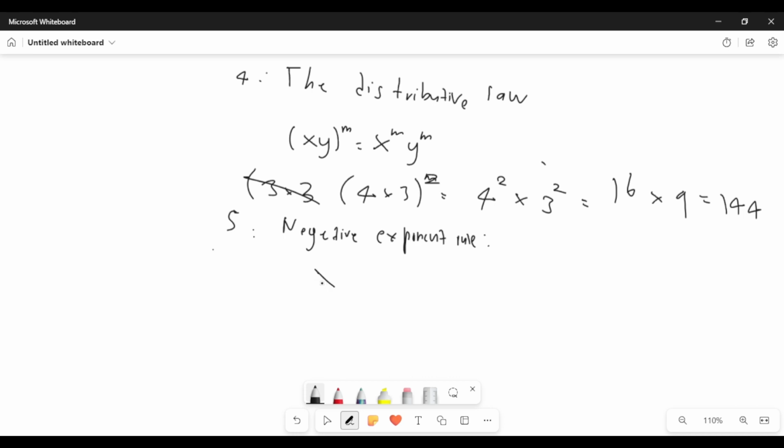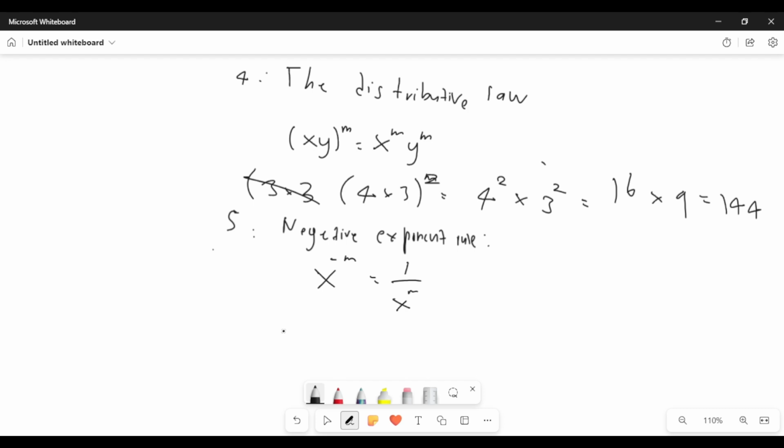For example, we look at x raised to the negative m. What a negative exponent means is that the x expression is actually below, in a fraction. It's 1 over x to the m.